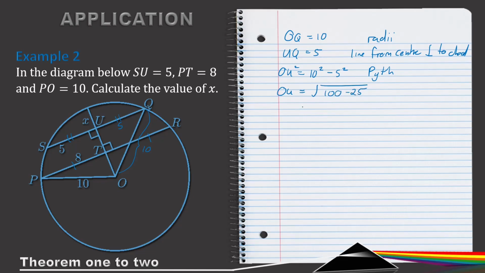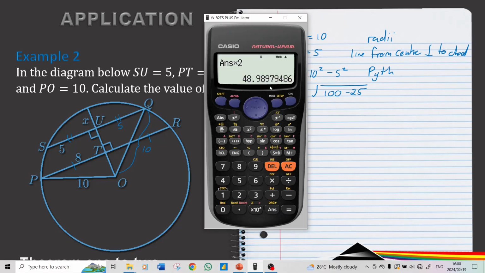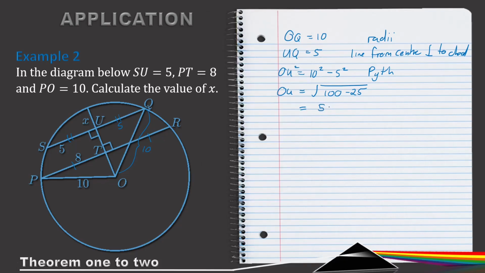Okay, let's put that onto the calculator. So the square root of 100 minus 25, and that gives us 5 square root of 3. All right. Now, to find X is simply going to be the entire radius minus OU, which is 5 square root of 3.